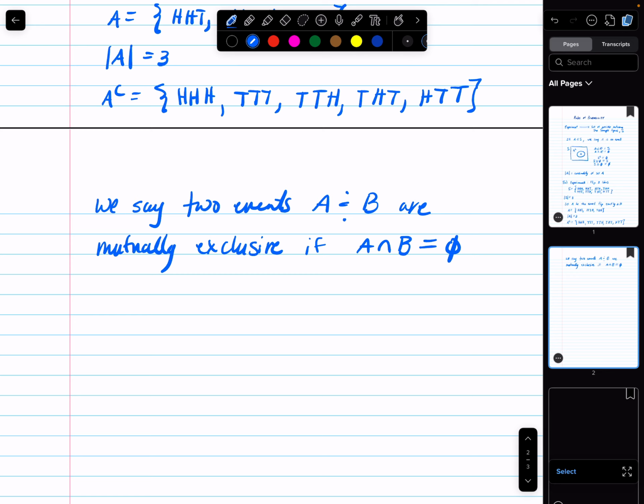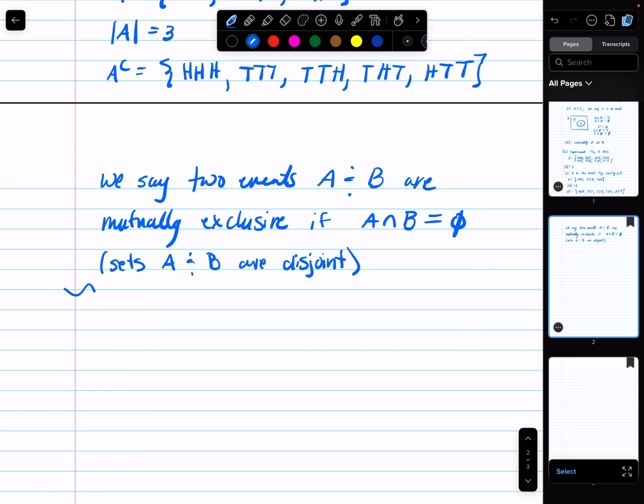So the sets are disjoint. Sets A and B are disjoint. But in the words of probability, our subsets of S are events, and our events are mutually exclusive if their intersection is empty.